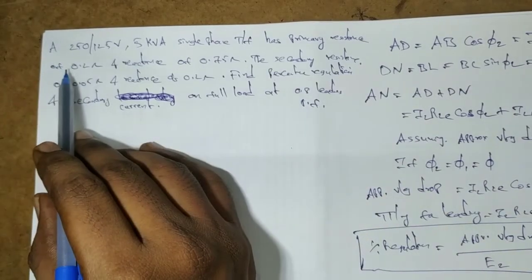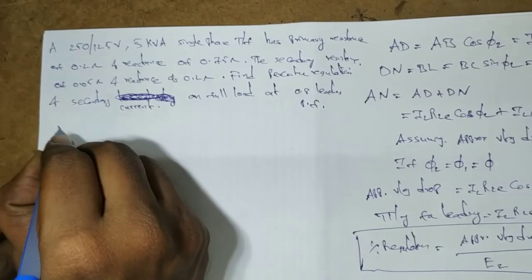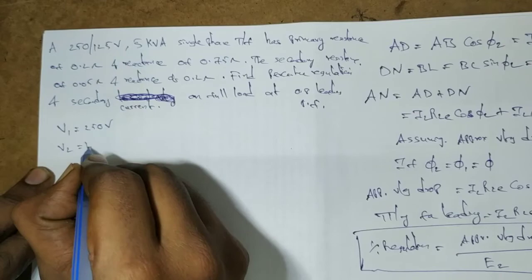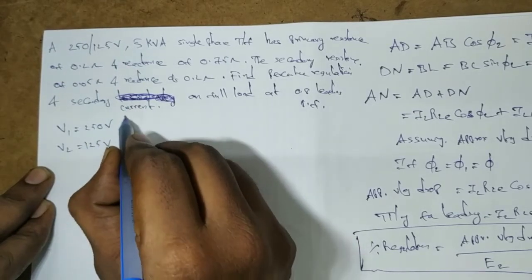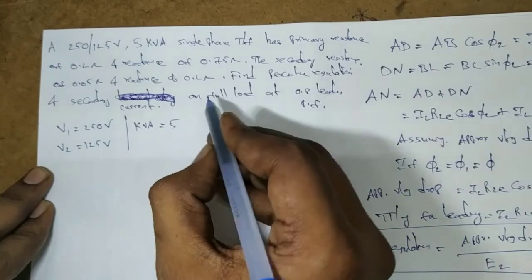For this, a 250 by 125 volts transformer: the supply primary voltage V1 is 250 volts, the secondary voltage V2 is 125 volts, and the kVA rating is given as 5, so 5 into 10 to the power of 3.